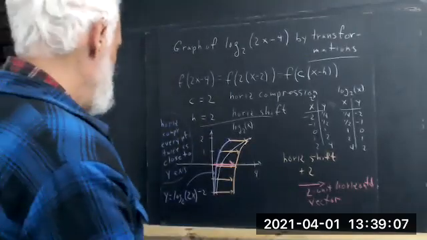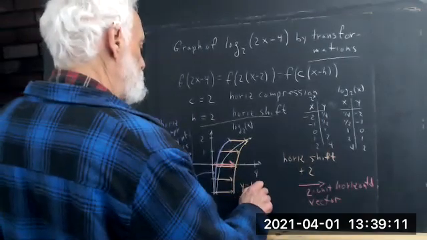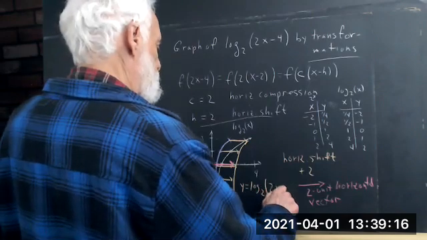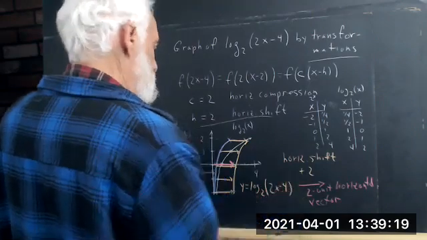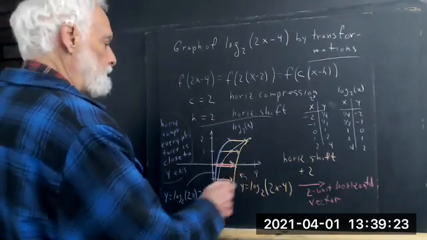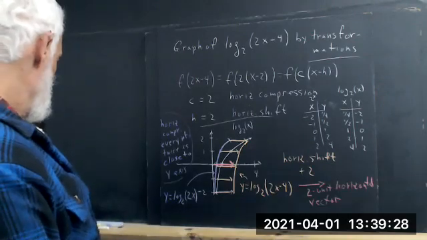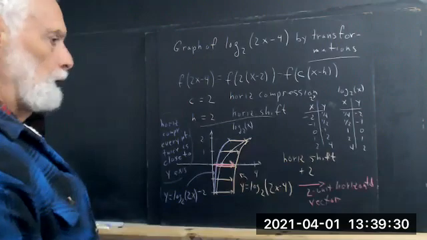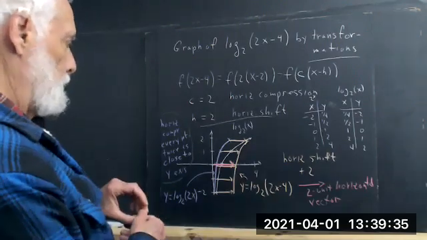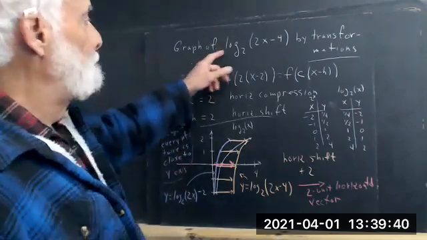So now we have the graph of y equals log base 2 of 2x minus 4. Now, if there's a color I haven't used, yellow, so I put something in here. Don't have a lot of room, but what's the domain?